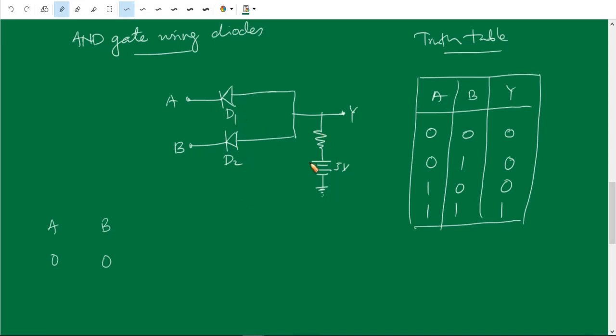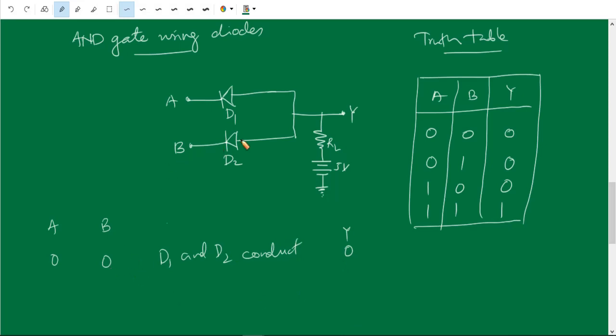Therefore, the current flows through the load resistance. So this 5 voltage is dropped across the load resistance. Plus 5 here and minus 5 here. So the output at the terminal Y is 0. So Y is equal to 0.